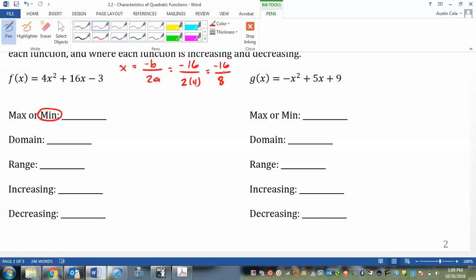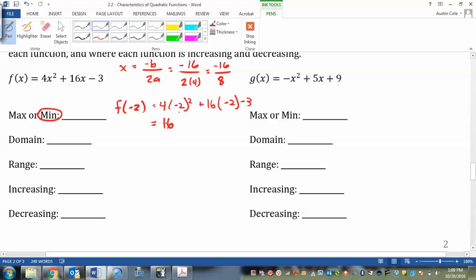I'm then going to plug negative 2 into the function. So I'm going to do f of negative 2. It's going to be 4 times negative 2 squared plus 16 times negative 2 minus 3. What's negative 2 squared? 4. What's 4 times 4? 16.